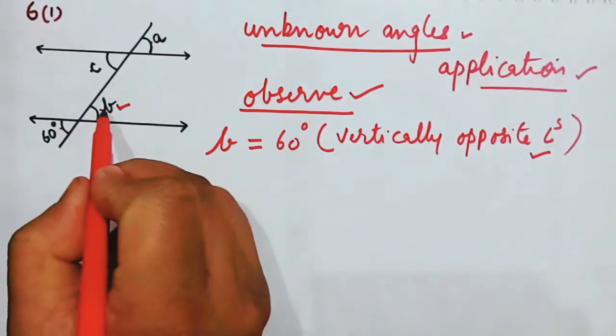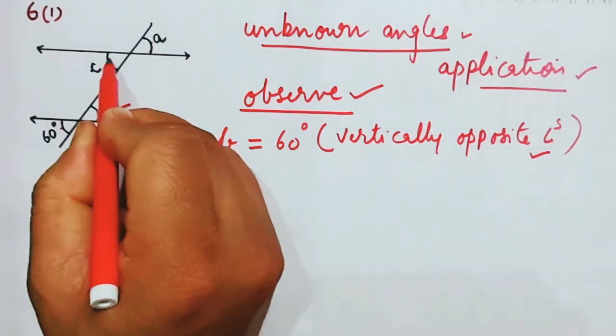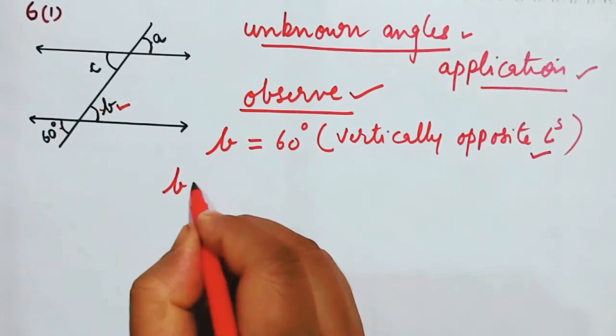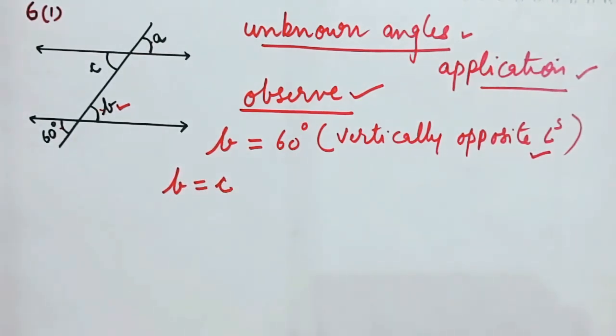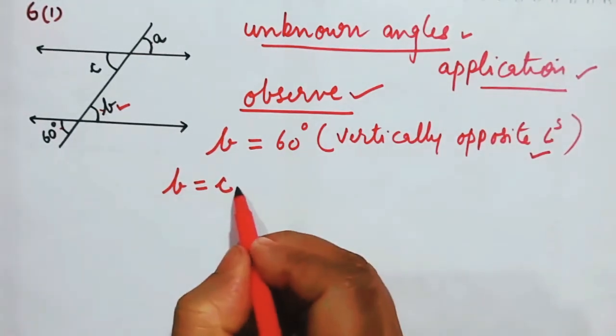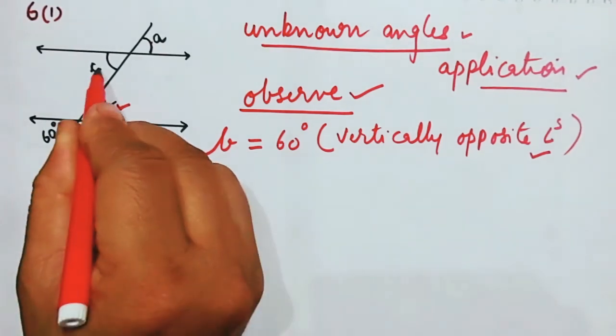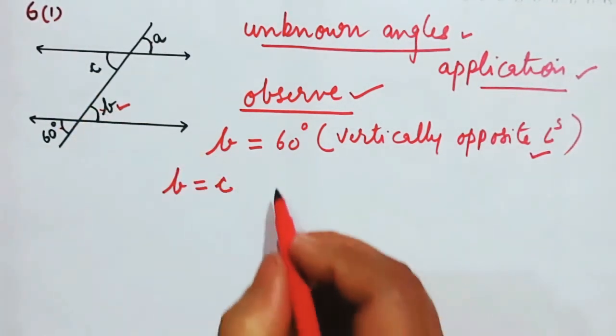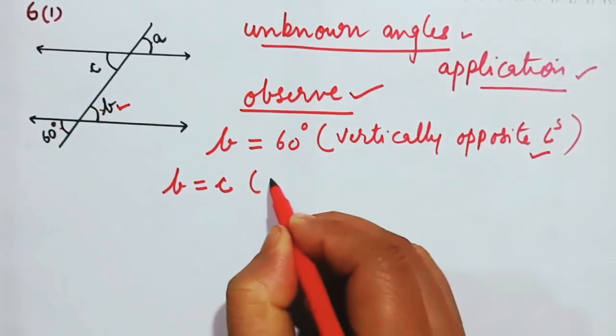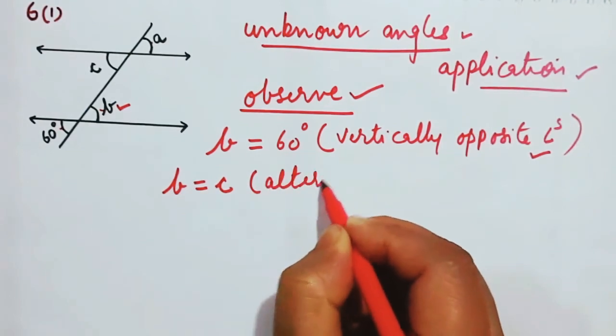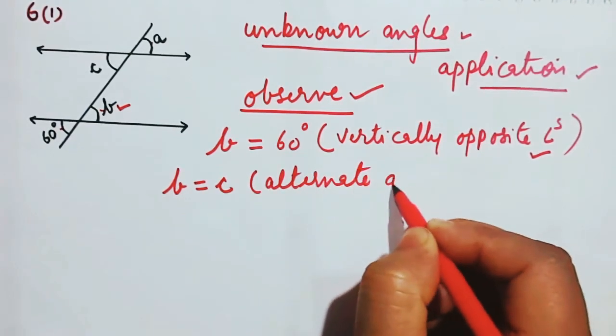Now B and C are equal. B equal to C. Now you will ask why. So B equal to C because they are alternate angles.